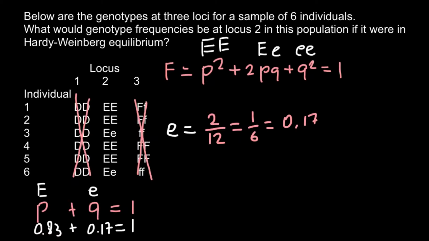So now we can find the frequency of the homozygous recessive genotype, that is q squared. So q squared, that is going to be the frequency of the homozygous recessive genotype, would equal the frequency of the allele Q, or recessive allele e, that is 0.17, squared.